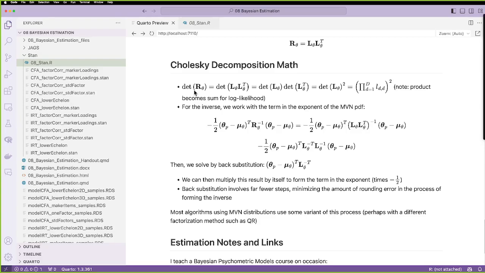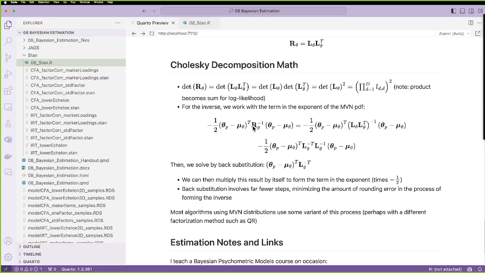It turns out the same thing happens in the exponent. This line, hopefully you can see my mouse cursor moving around, is in the exponent of the multivariate normal PDF. In the exponent we want to take the inverse of that correlation matrix. Matrix inverses are also a lot less computationally complex if you have triangular matrices.